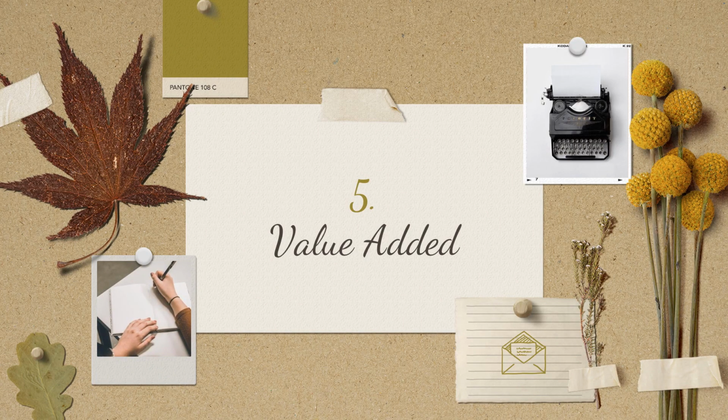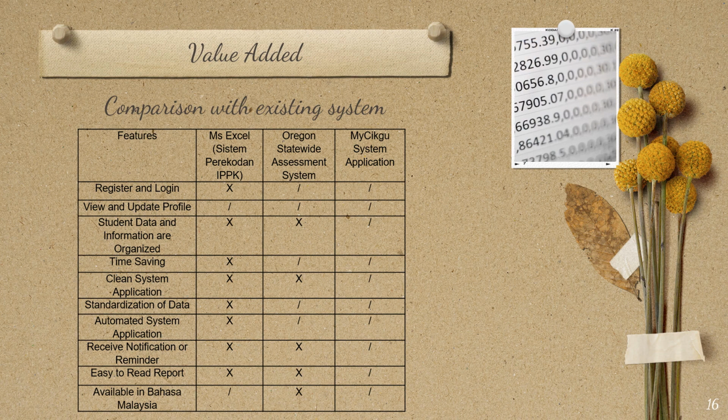The next one is the value added of the system. To strengthen the purpose, the results from the analysis will be used. There are two existing systems, which are the Microsoft Excel template and the Oregon statewide assessment system, that have been considered. So this table indicates the contrast between the current system and the proposed system.